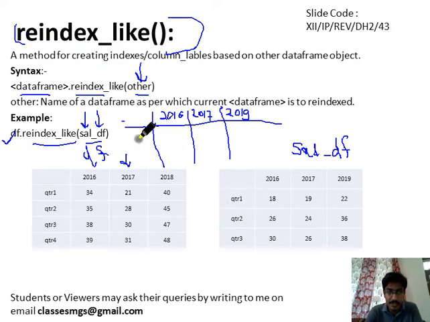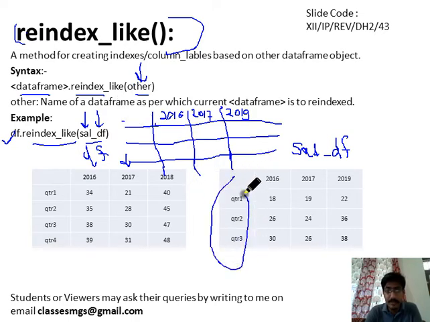Now how many rows? Three rows are there. So for the three rows we put 1, 2, 3. We will copy the structure from cell_df only, because we are reindexing like cell_df.